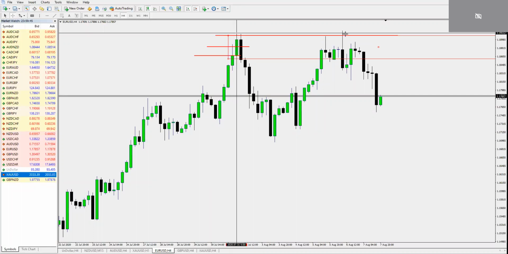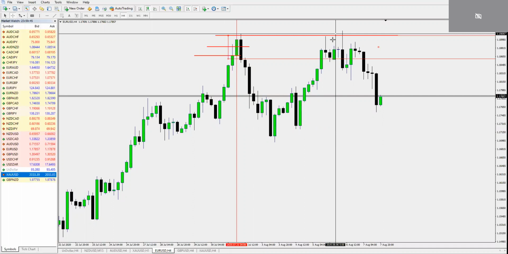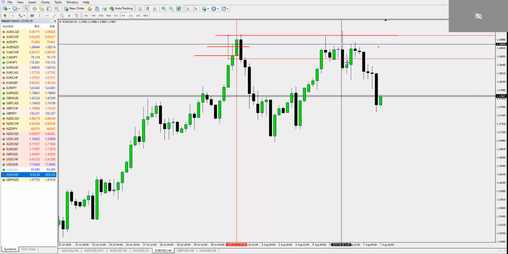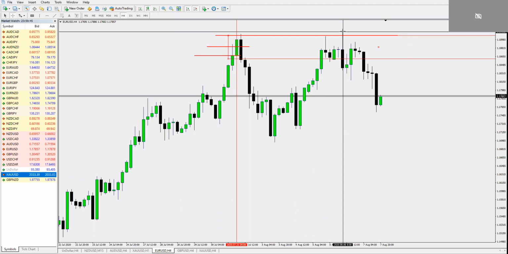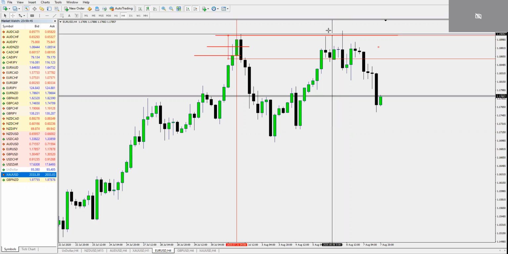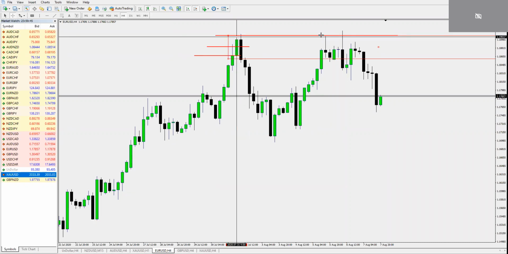So this wick comes in there, activates the buy stops, and then runs out the liquidity. So when you see what we call a run on liquidity, a rejection of price, or a turtle soup, as some people call it, that is a sign to us that the liquidity sitting above here has run dry.